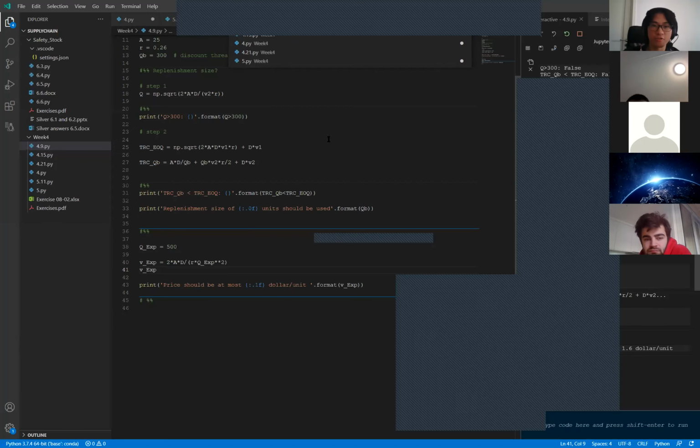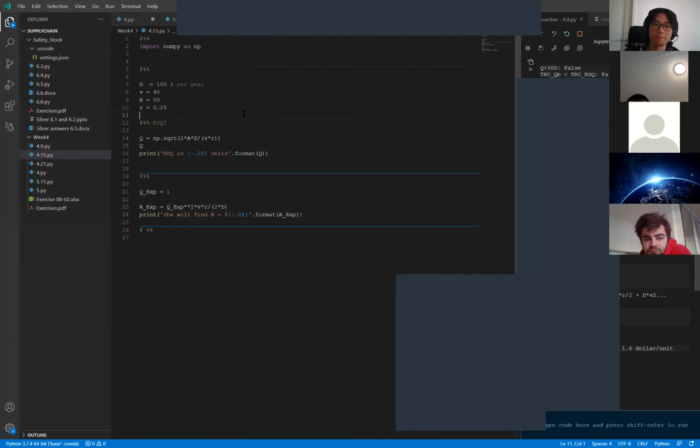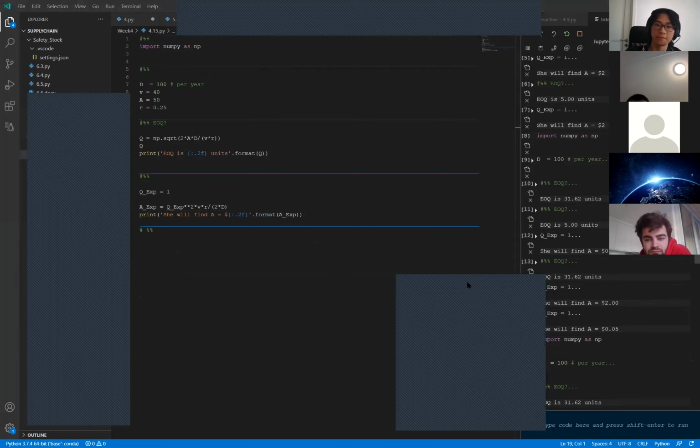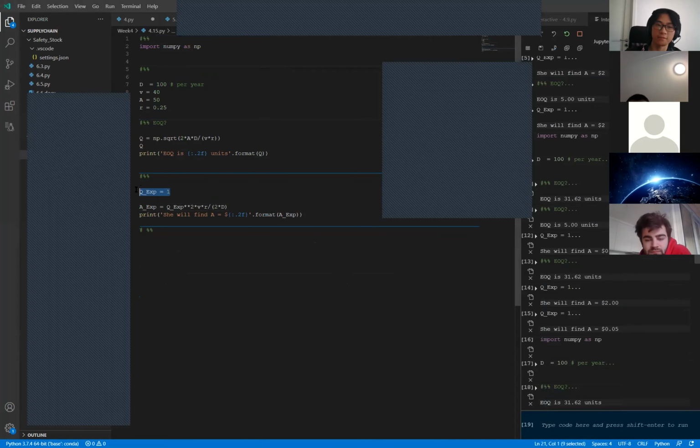I'll still show you the code, but as you can see, it's super simple. We just put the numbers in, and the first one is just calculating the EOQ. You put Q expected to be 1, and this is the formula that we discussed: Q squared multiplied by V and R divided by 2D.